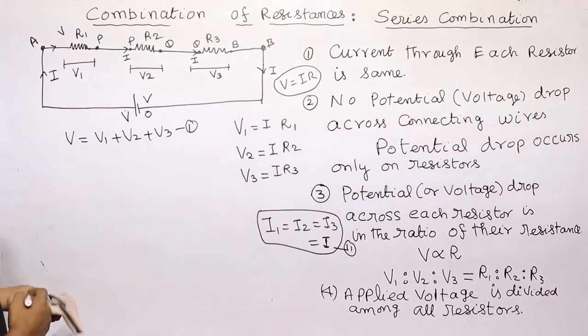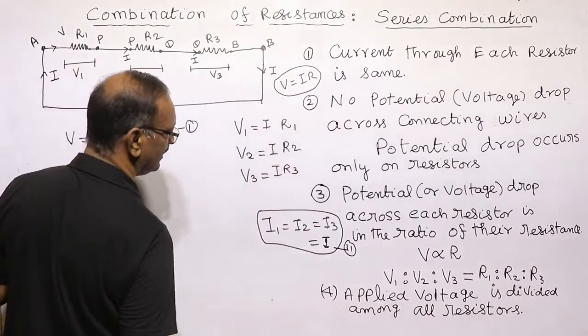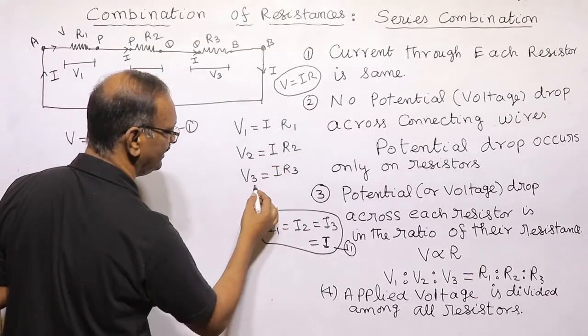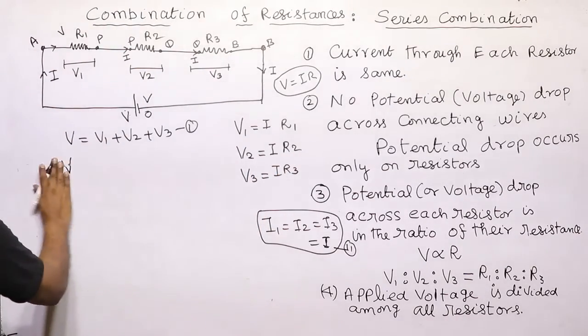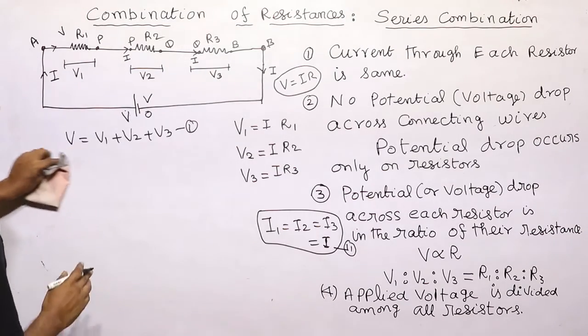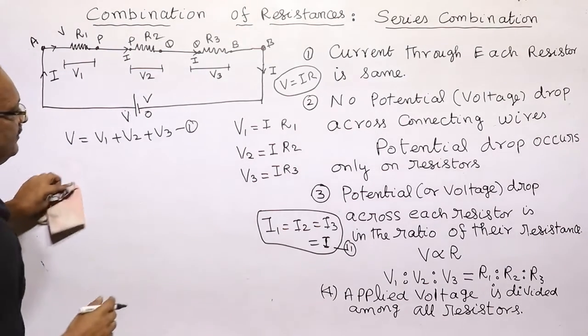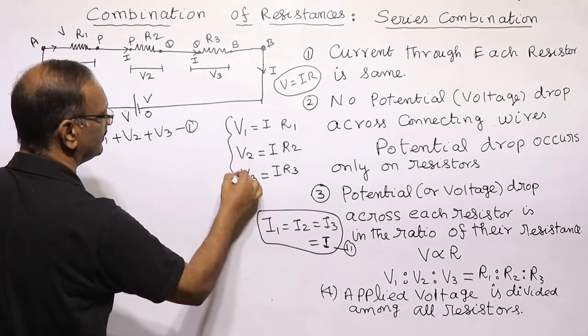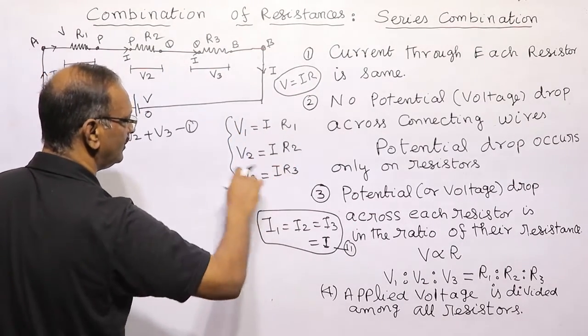So now the current is constant, because V1 is equal to I into R1, V2 is equal to I into R2, V3 is equal to I into R3. V1 is proportional to I1. So combining all this, the current is constant in all three cases.